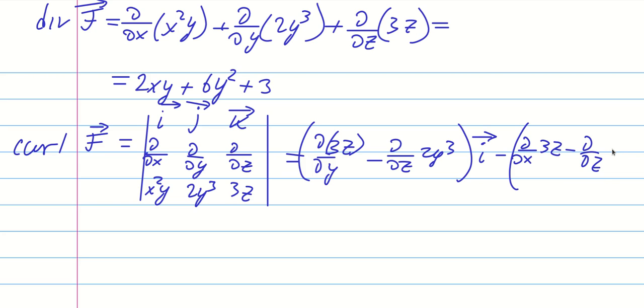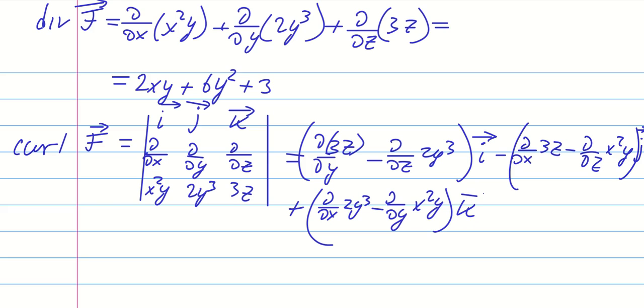Sorry, I said 2y cubed, that meant x squared y, times j. Plus, for k we have the partial with respect to x of 2y cubed minus the partial with respect to y of x squared y, k.